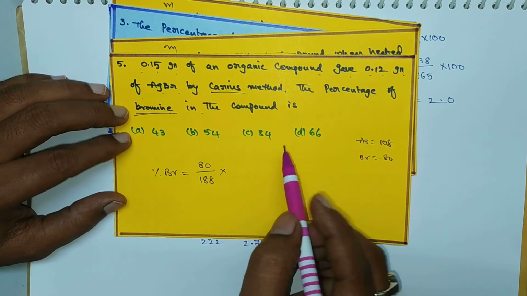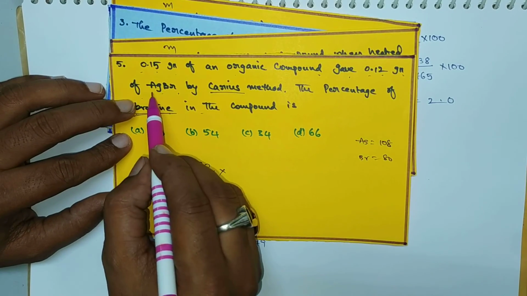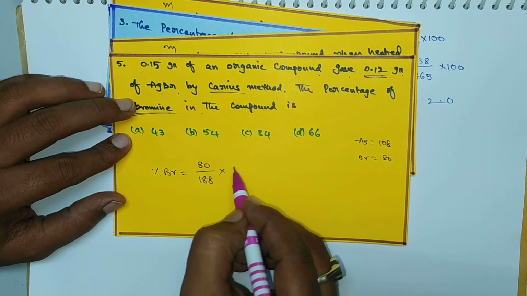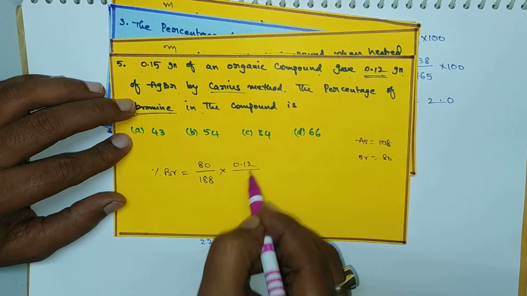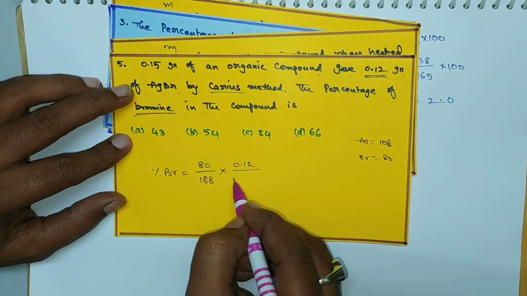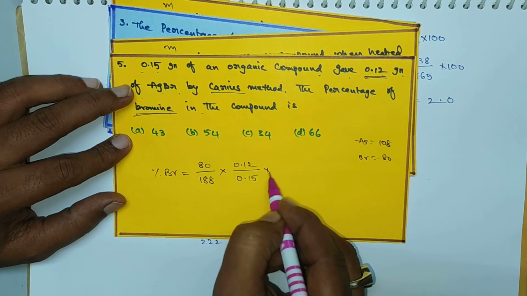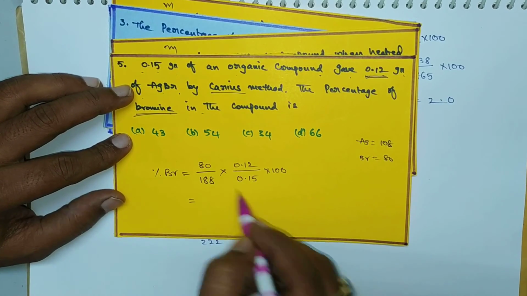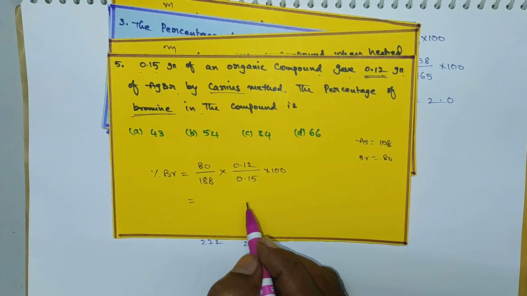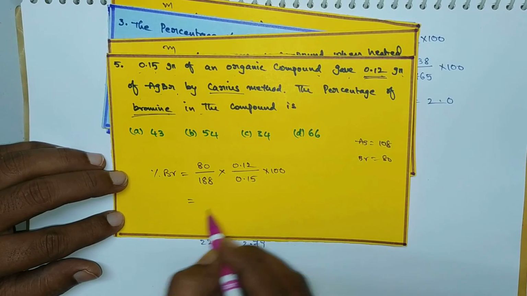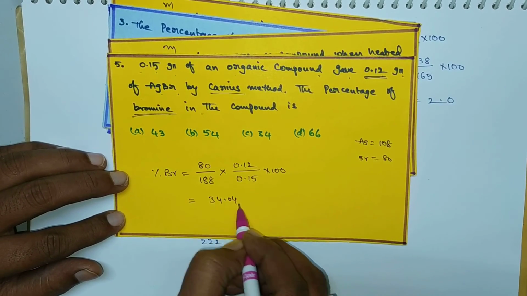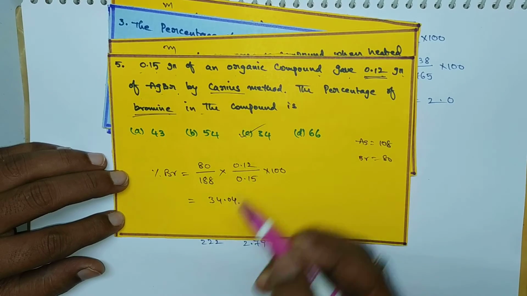What is m1 here? m1 means 0.12. So 0.12 divided by the organic compound mass m, 0.15, into 100. By calculating this, you can check the calculation, we get 34.04. So the answer is C.